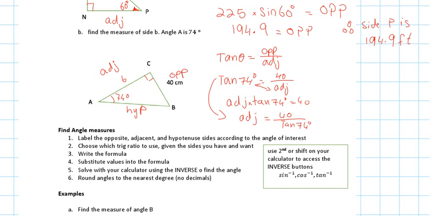On the calculator, if you do 40 divided by tan 74, what do you get? 11.5. And then the unit? Centimeter. Therefore, adjacent, or side B, or whatever you want to call it.